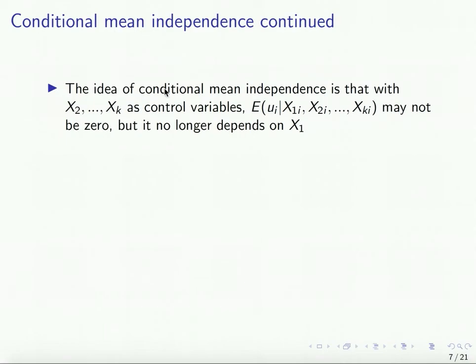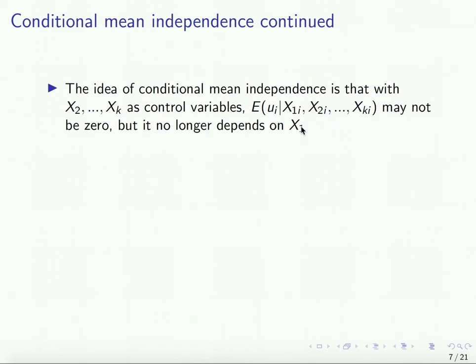It may be that when you add control variables, what used to be expectation of ui given x1 being 0 is no longer true. Having those new control variables means that this conditional zero mean assumption is no longer true.